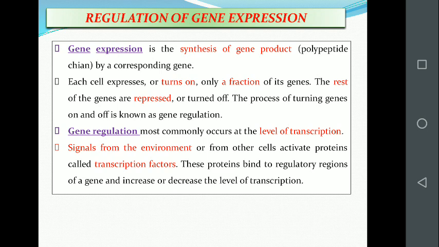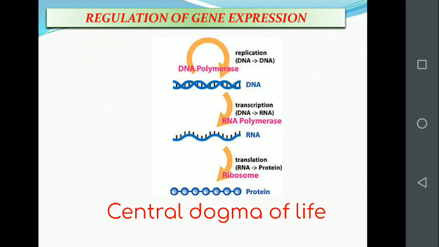So genes are the information for the synthesis of polypeptide chains. But as we know, genes do not directly get involved in the synthesis of a polypeptide chain. Directly it will not enter the translation process.